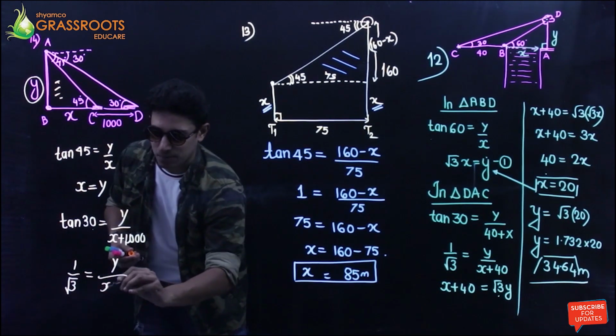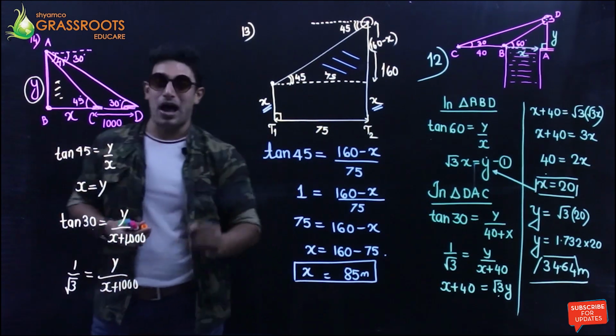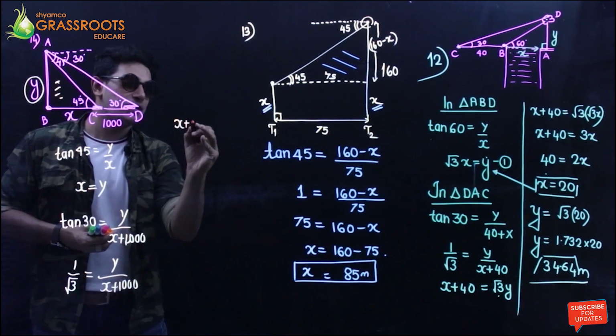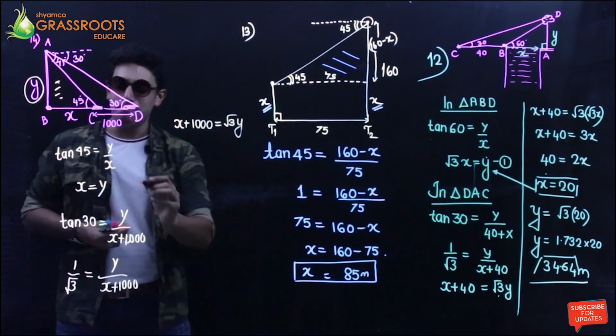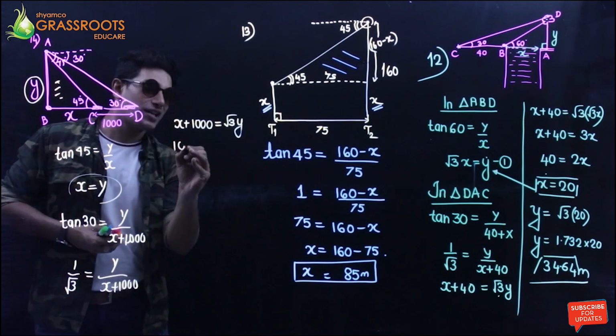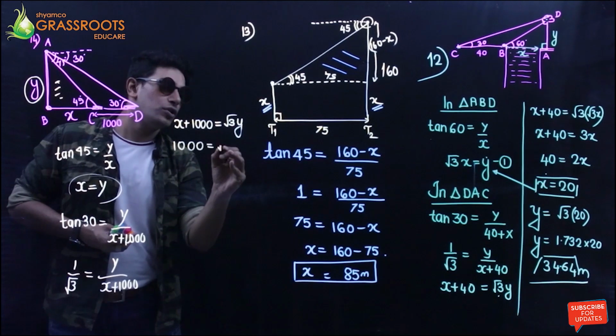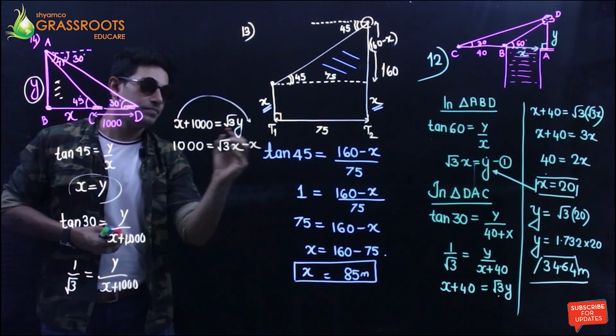Cross multiply. So I will have x plus 1000 is equal to root 3y. In place of y, I am going to substitute x. So 1000 is equal to root 3x minus x.